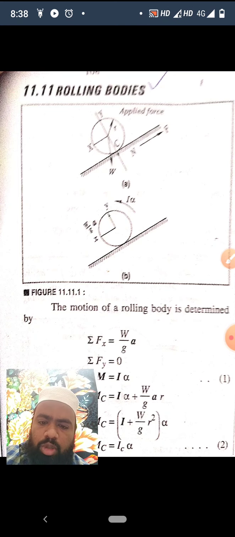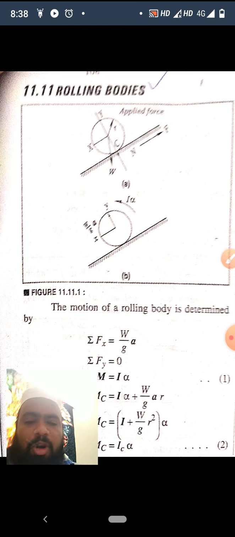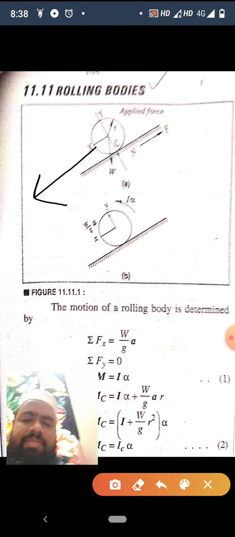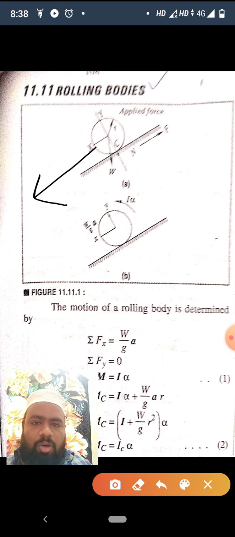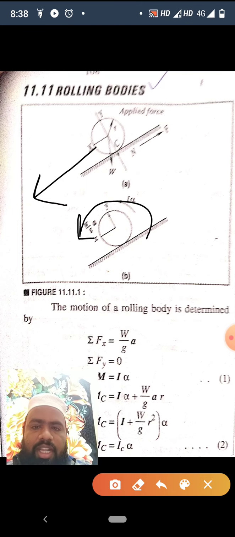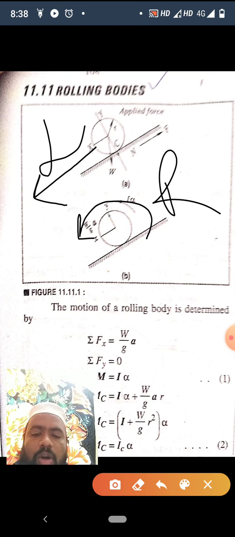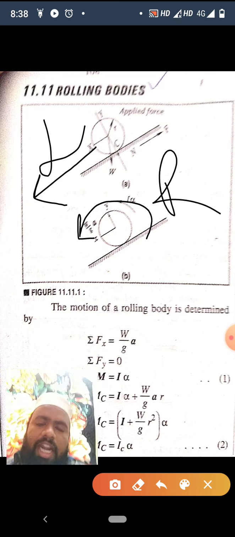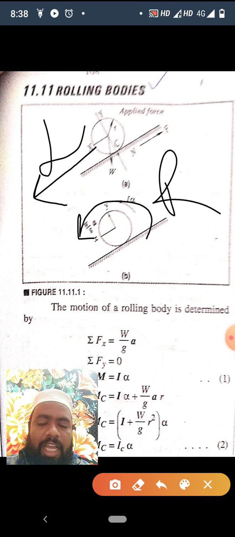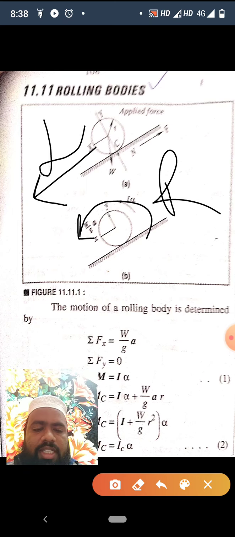The roller is also having both the motions. What motions? Linear motion and rotary motion. How is it possible, sir? Listen to me carefully. This roller is going in this direction, that is called linear motion, and the roller is taking this path, that is rotary. So rolling bodies are always the combination of linear motion and rotary motion. So rolling bodies are a combination of plane motion. That's why I am telling this example in the plane motion concept. So understand this carefully.